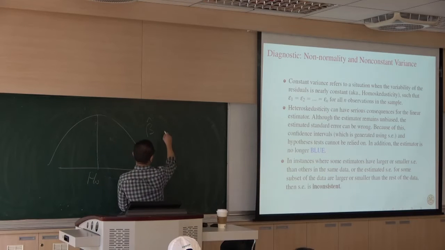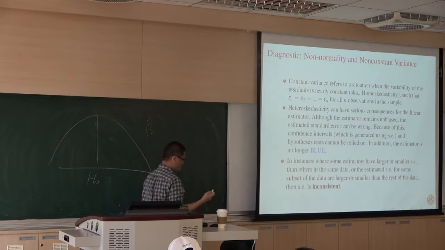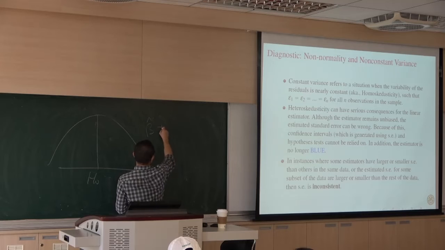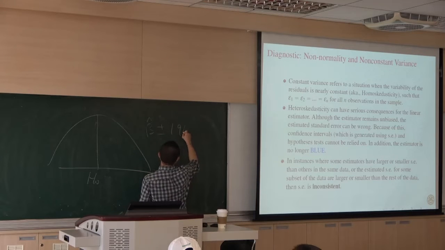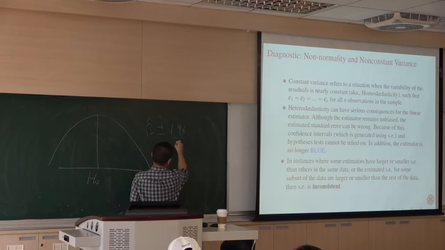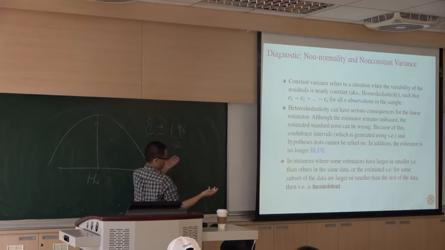To construct a 95% confidence interval, you need an upper and lower value, right? And to do that, you just plus minus 1.96, or simply some people just use 2, times the standard error.